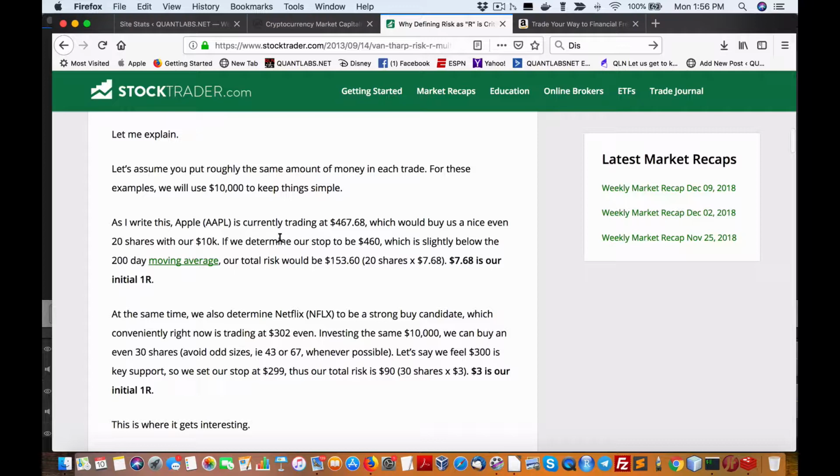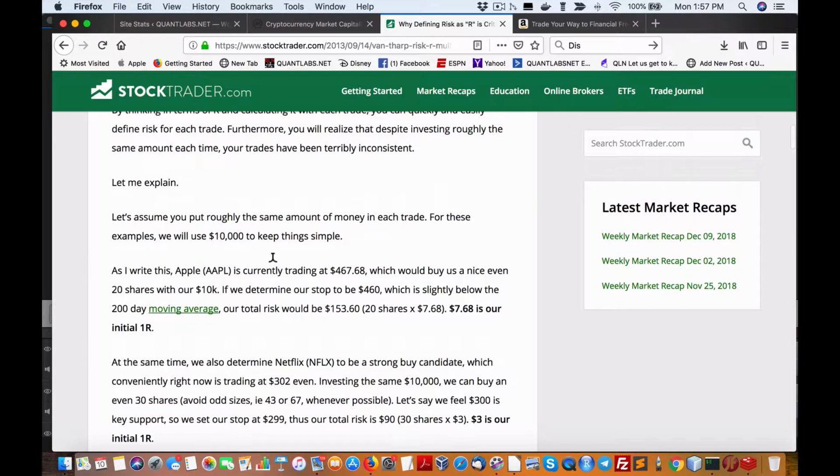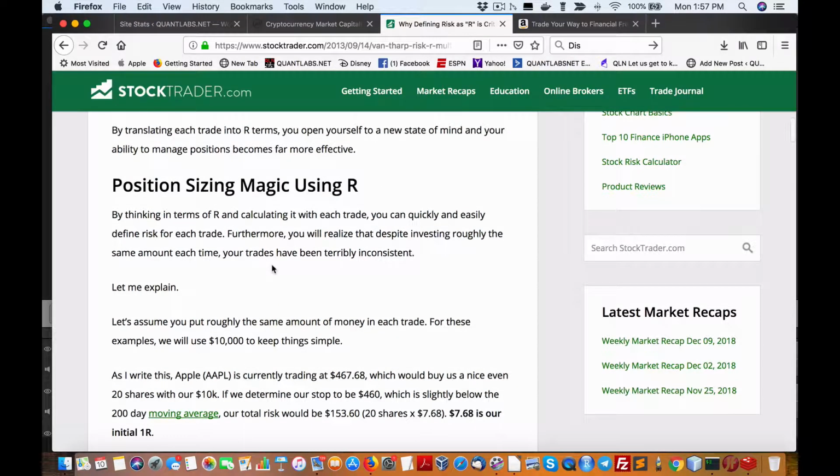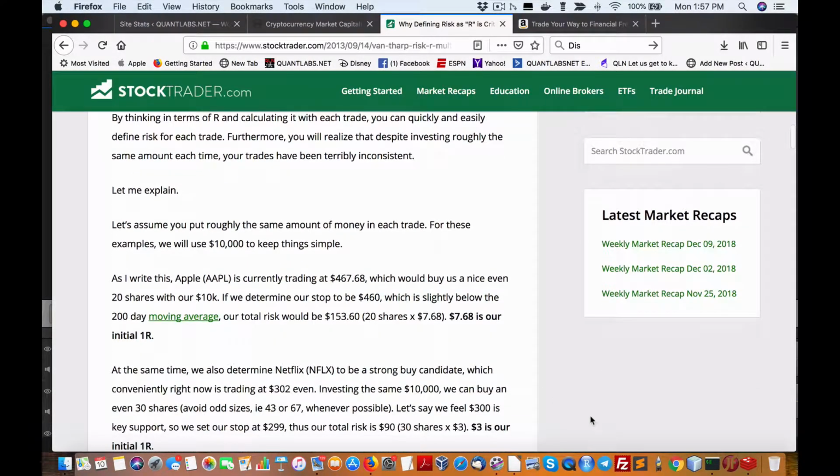We want this target; our stop is at 460, below the 200-day moving average. Our total risk would be 153, 20 shares times 7.68. So that's our initial 1R, because we set our 1R as this hard dollar amount. From a programming perspective, it can be done, but it's a lot more complex.